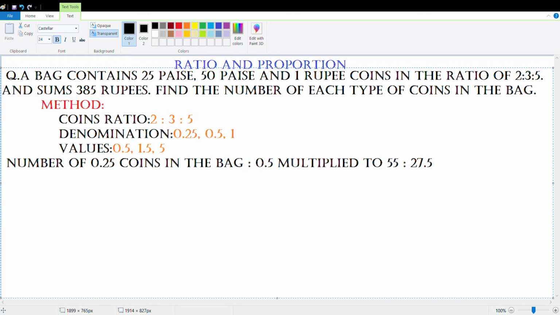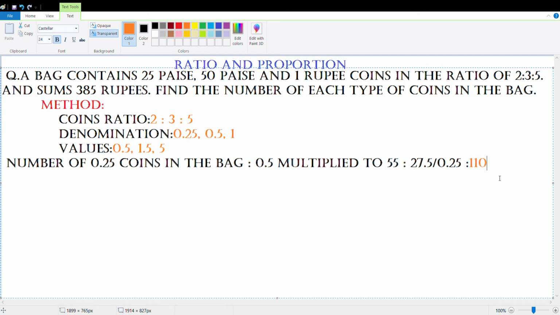Now for the denominator, we're trying to calculate the number of 0.25 coins in the bag, so the denominator would be 0.25. Now we calculate how many times 0.25 goes into 27.5. The answer would be 110. So there it is. The number of 0.25 coins in the bag is 110.